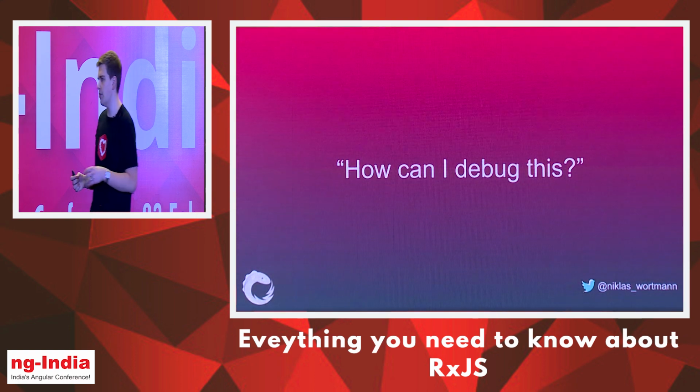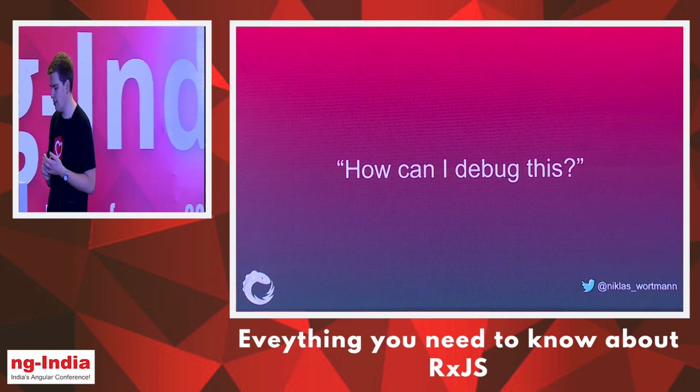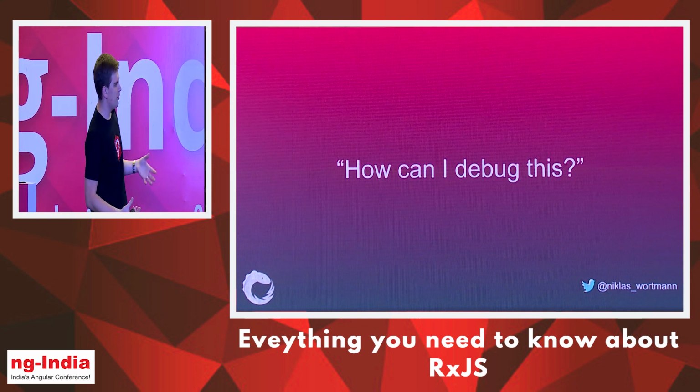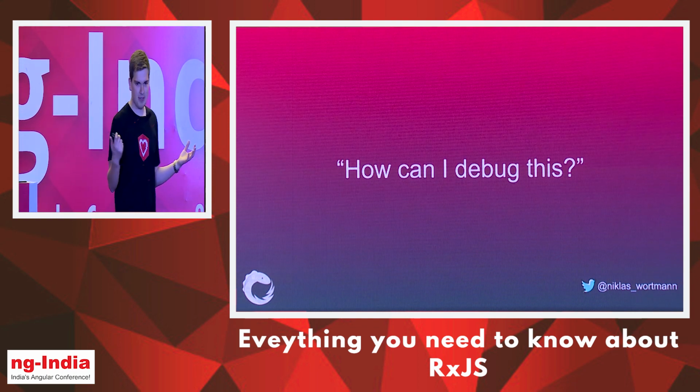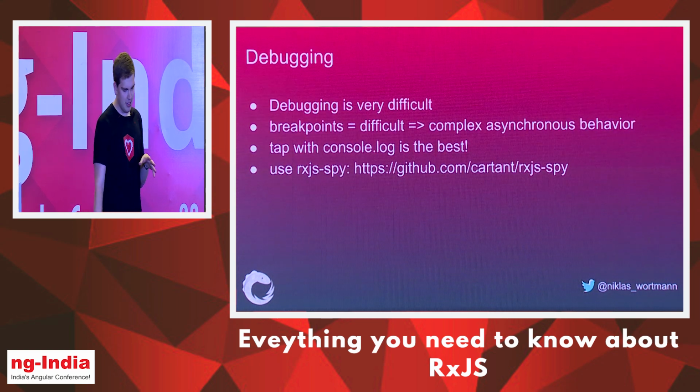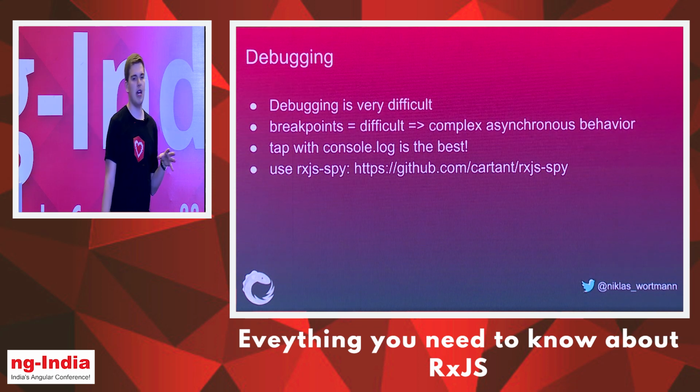So now that we've talked about error handling already, before we run into the situation of handling an error, we may want to debug, right? I already said debugging is super hard, and it truly is because you literally can't put any breakpoints there.